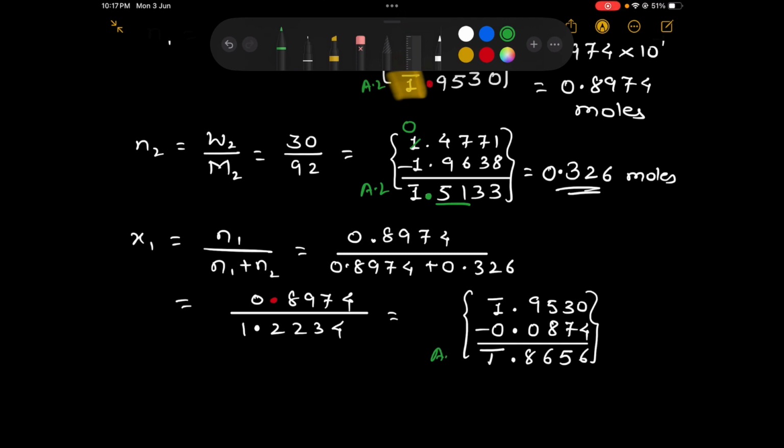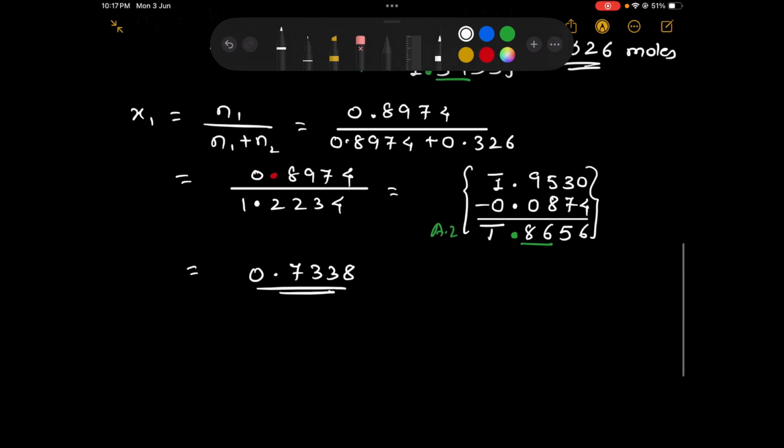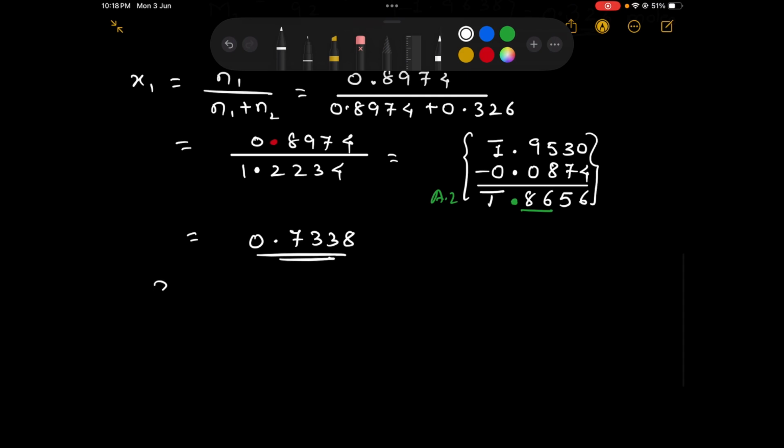Now let's find out the antilog of this number. 0.86 under 5, mean difference 6. We get over here 0.7338. Mole fraction is a ratio, so it doesn't have any units. Now let's find out x2 by using the formula x1 plus x2 equals 1.